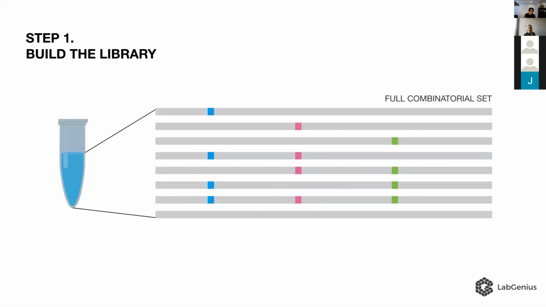And what you will end up with after some incubation is a protein library, and those proteins would carry the full combinatorial set of those mutations of interest, which is pretty neat.